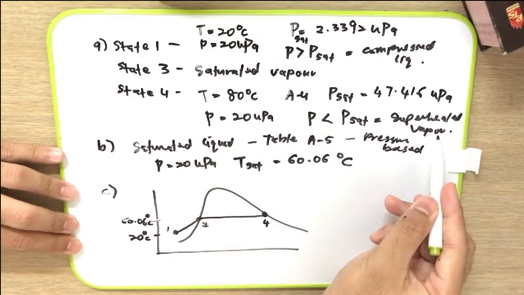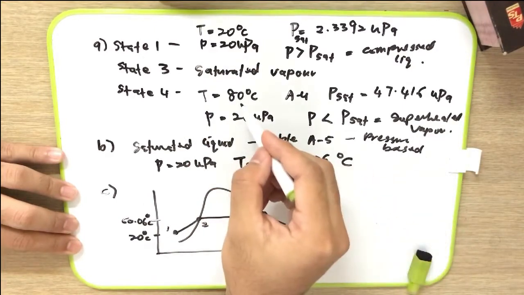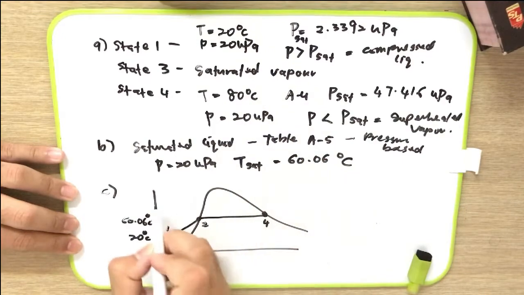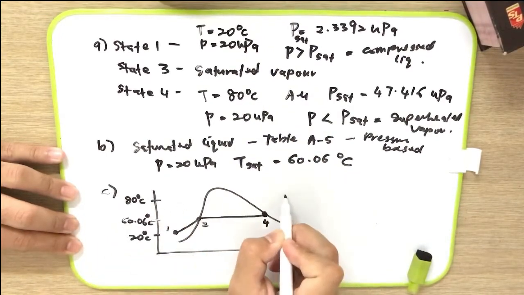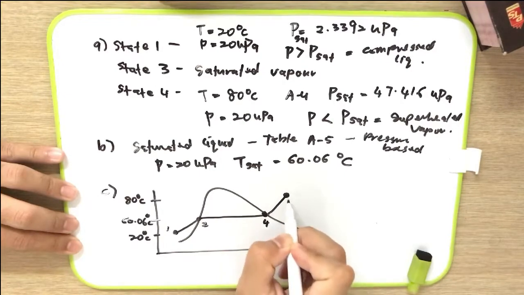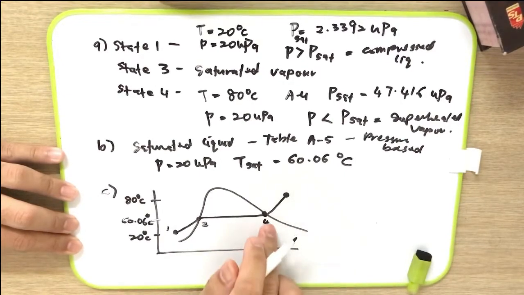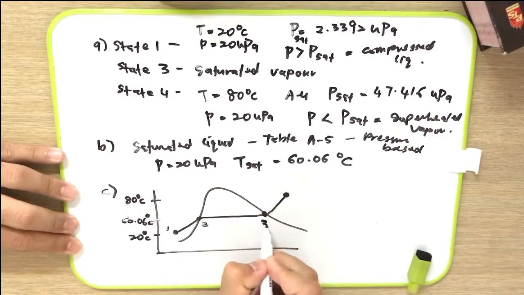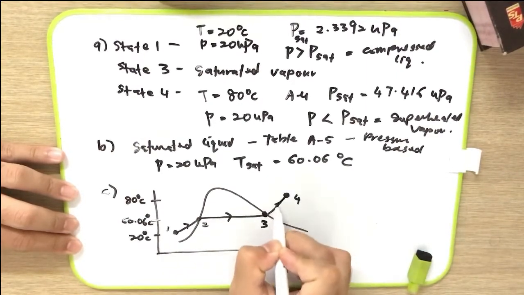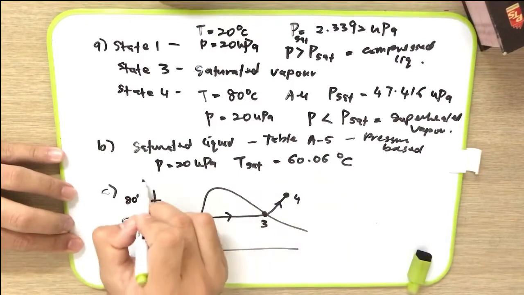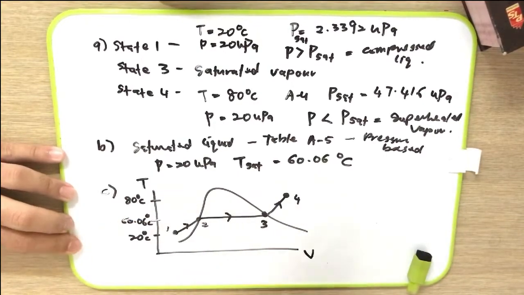It is superheated, but the temperature is 80 degrees C, so it is somewhere here. Oh, sorry, this is 3. This is 4. So this is how you draw the TV diagram.